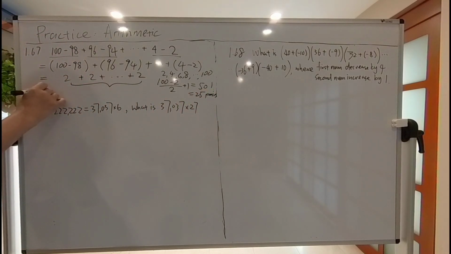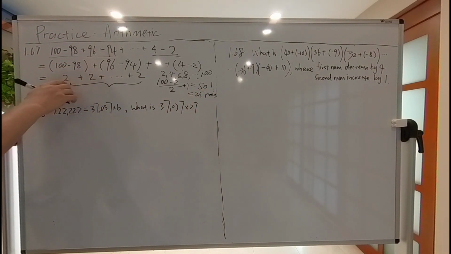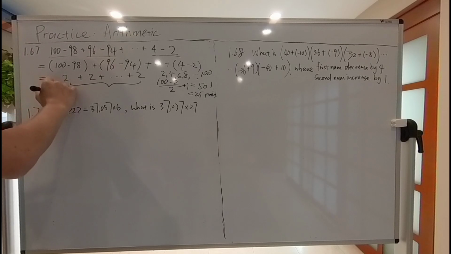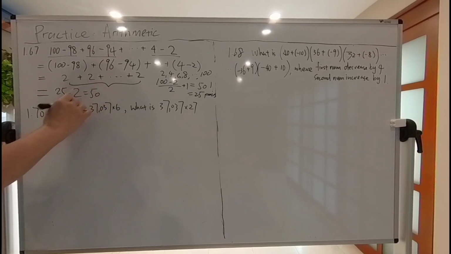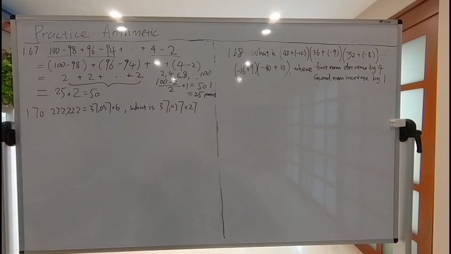So back to here, each pair gives you the result of 2, so I have 25 such pairs, multiplied by 2, and the final answer to this question is 50.